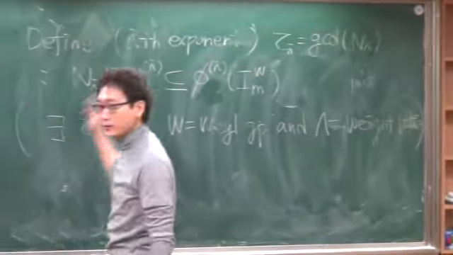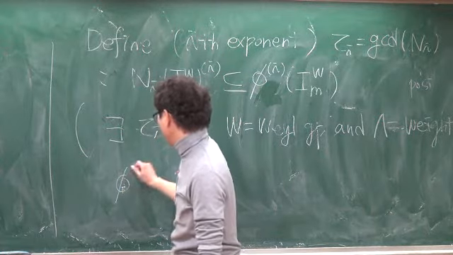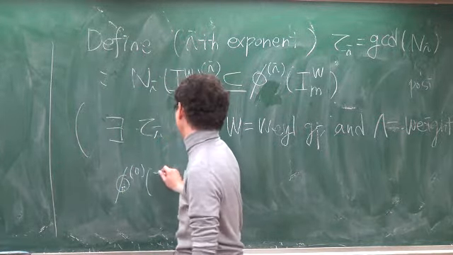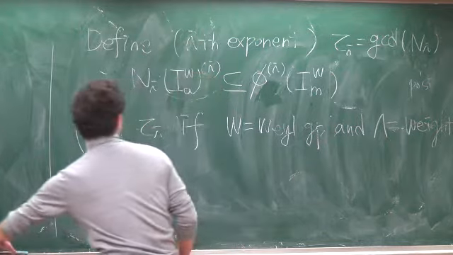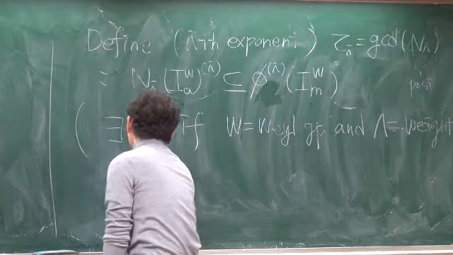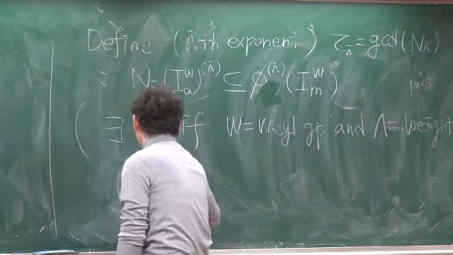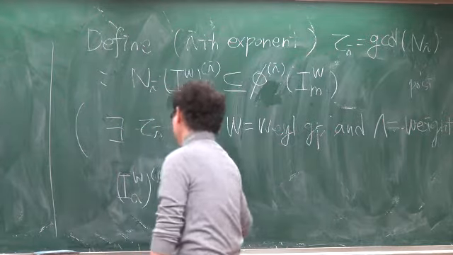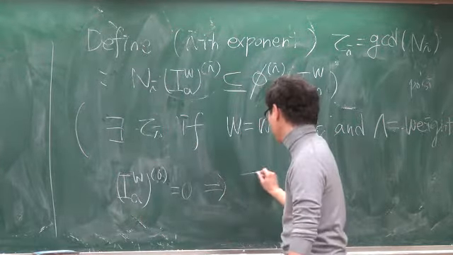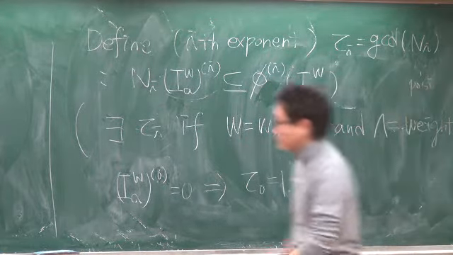And indeed, from the definition of phi, the phi of degree 0 element is zero. That means that tau 0 is 1 from the definition.